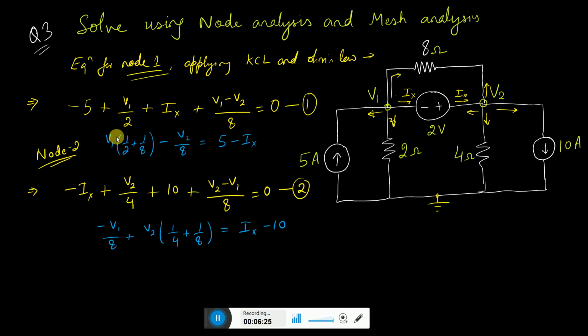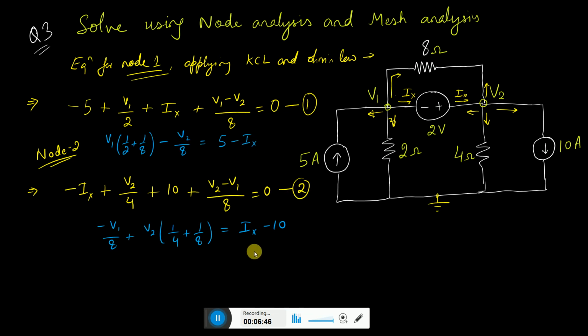It is usual habit to first write the V1 coefficient, that is minus 1 by 8, plus the V2 coefficient 1 by 4 plus 1 by 8, equal to Ix, which goes on the right hand side, so it will be plus Ix, and this term will be minus 10. Our objective is to add equations 1 and 2.